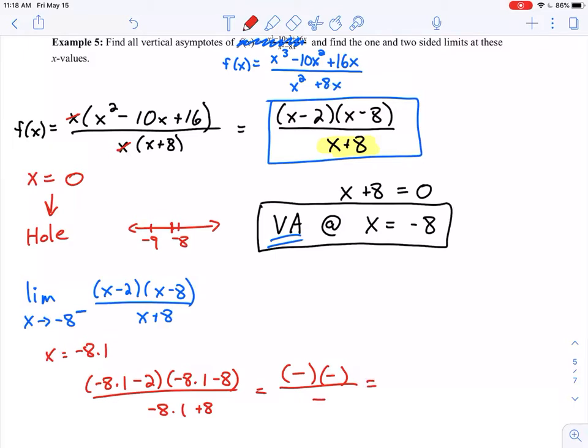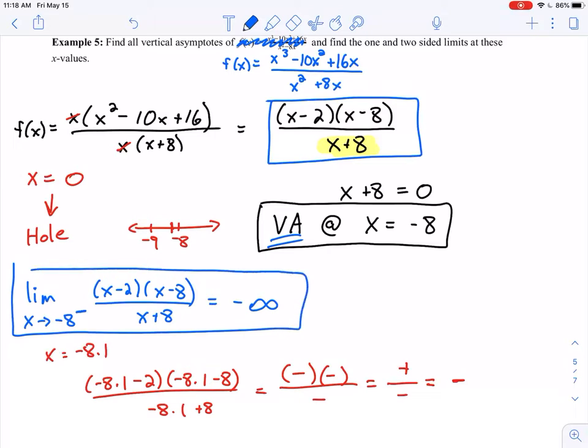So in my numerator, negative times negative gives me a positive. The negative from the denominator just carries down. And then positive divided by a negative is going to be a negative number, which means that this limit should be negative infinity. So I have the left-hand limit.